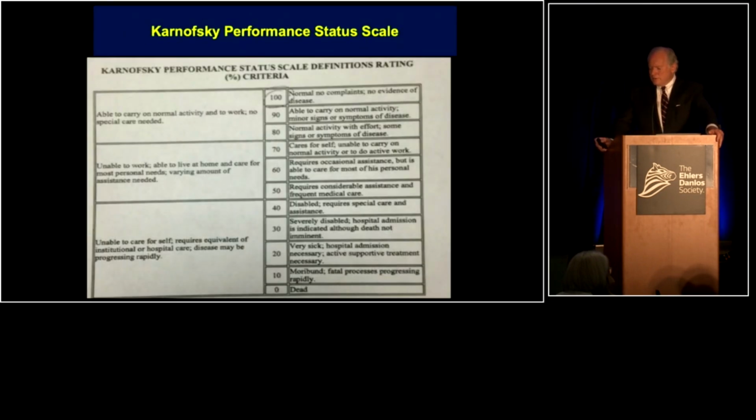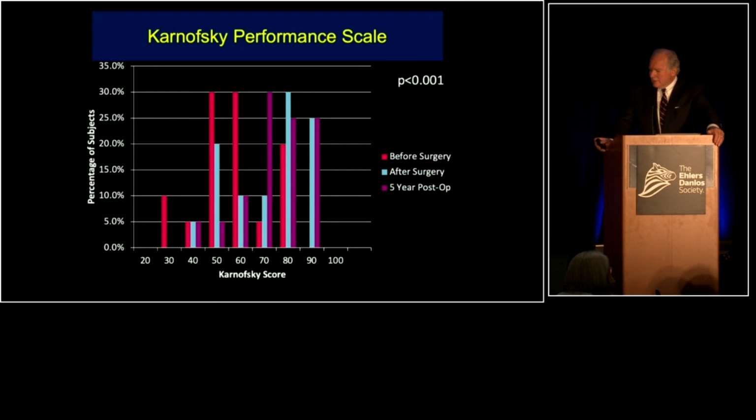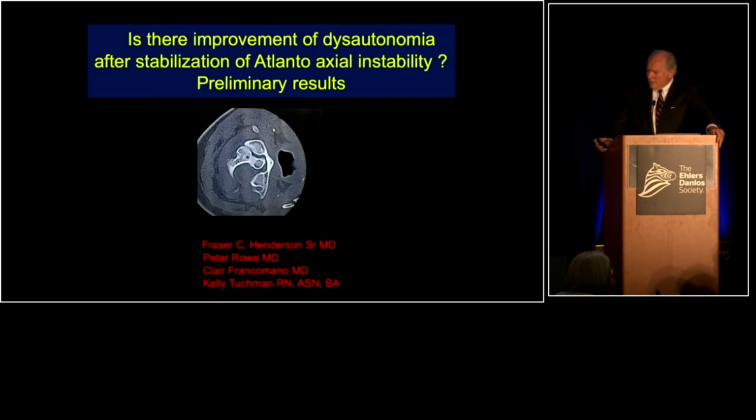Karnofsky performance, 0 is dead, 100 is normal, and the Karnofsky score went from an average of 50 before surgery to 78 after surgery, highly significant. So that was that study.